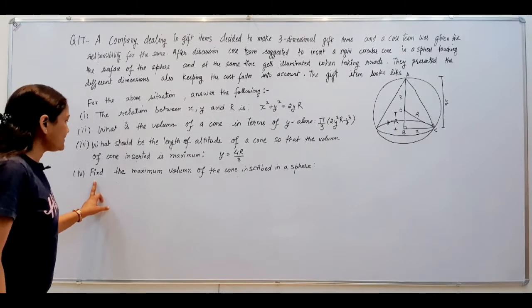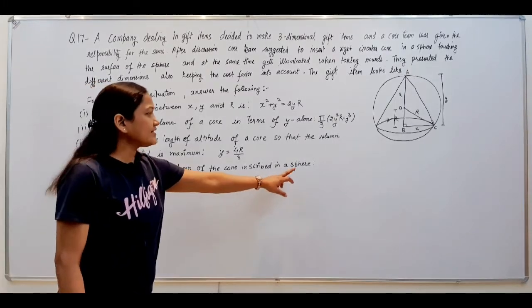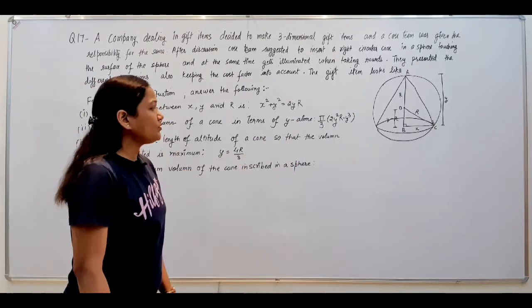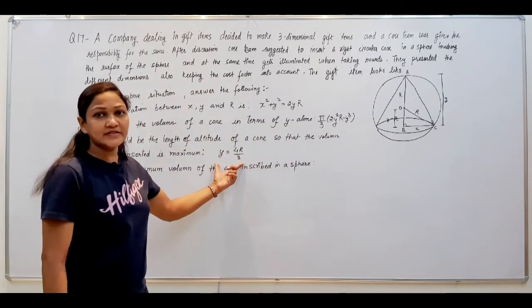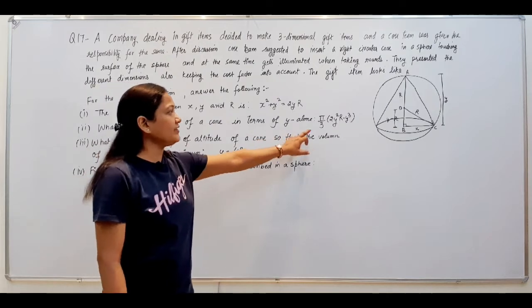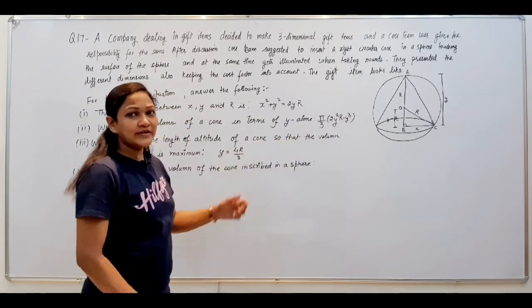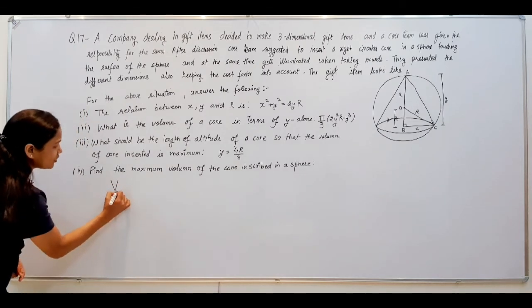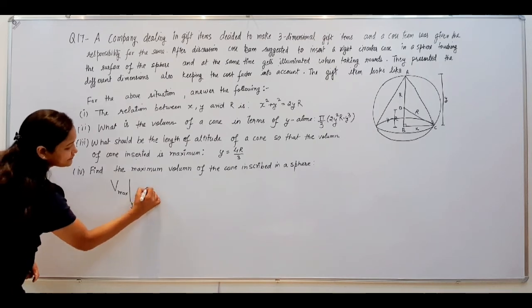The next question in this case study is you have to find the maximum volume of the cone inscribed in the sphere. You know that the volume of the cone is this, and your volume is maximum at this point. So basically you have to find the value of volume at this point. So the maximum volume will come at this point, 4r upon 3.